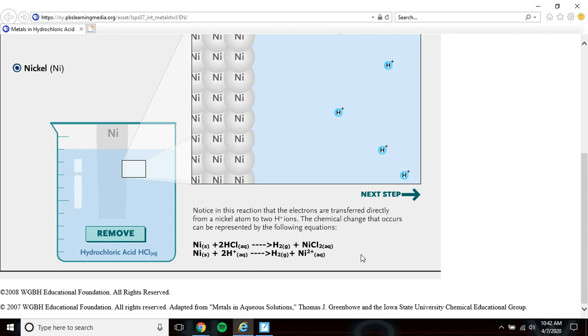You have 2 lines to write 2 equations. I do not want to write them over because writing on the computer with the mouse is very difficult. You fill them in. It says the first reaction shows the entire reaction occurring in the solution. I see the metal and the hydrochloric acid reacting to form hydrogen gas and nickel chloride. That's the top one.